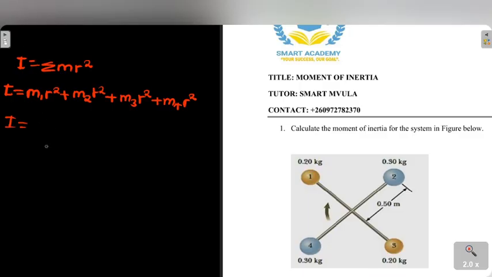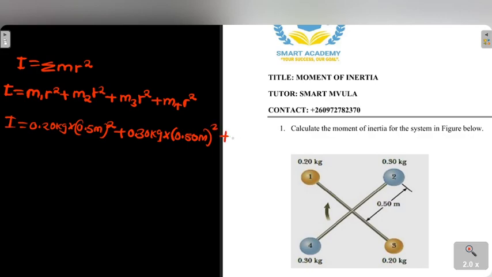So we have mass number 1, which is 0.20 kg, times the radius, 0.5 meters, squared. Then plus mass number 2, the mass for the second pin, which is 0.30 kg, multiplied with the radius 0.50 meters, squared.